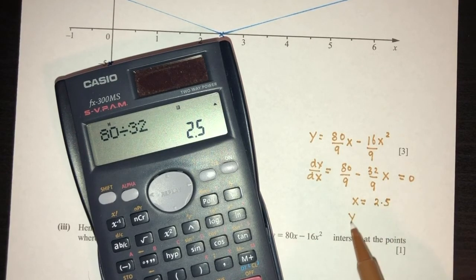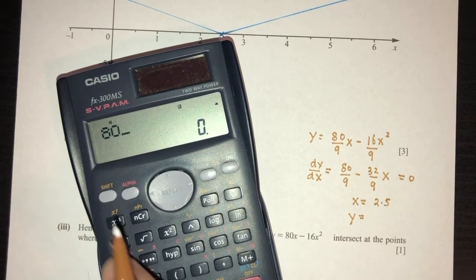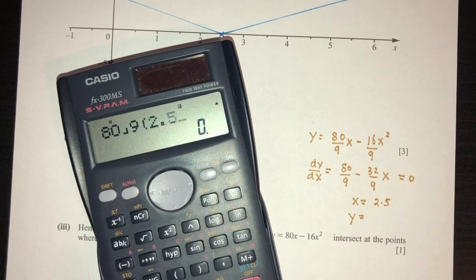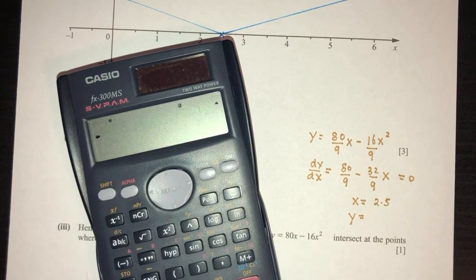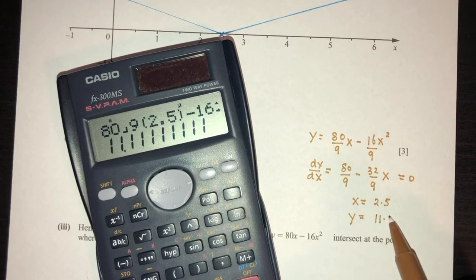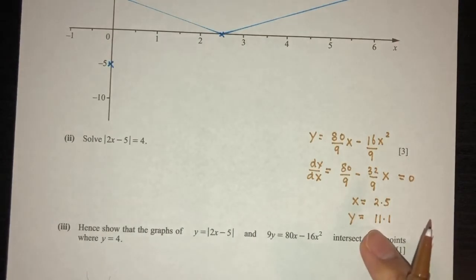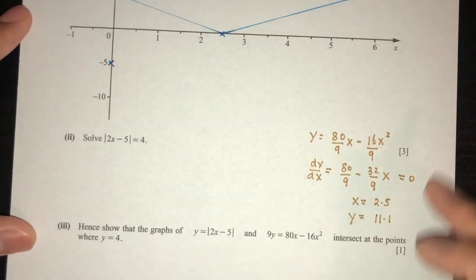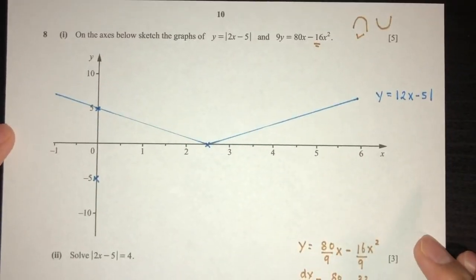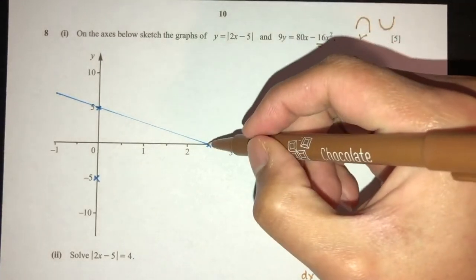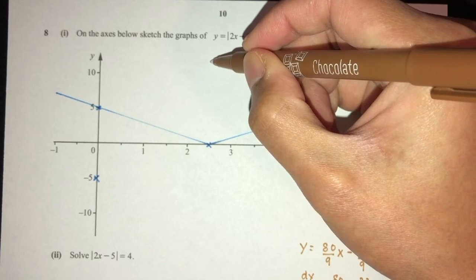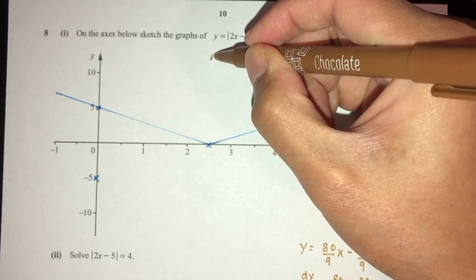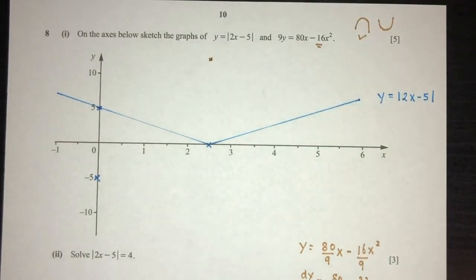And what is the corresponding value of y? 80 over 9 times 2.5 minus 16 over 9 times 2.5 squared. That will be 11.1. That is the maximum point of this curve: (2.5, 11.1). Here we just need to sketch, so we can just mark 2.5, and say 11.1 will be somewhere around here. It is only a sketch, no big deal.